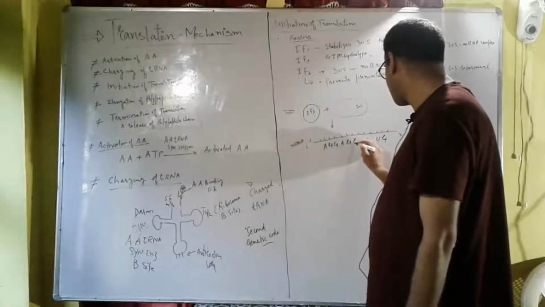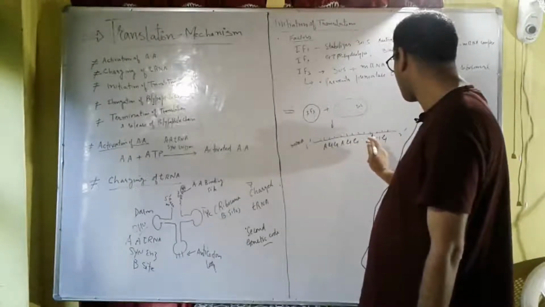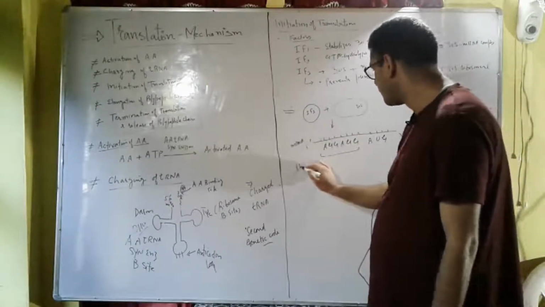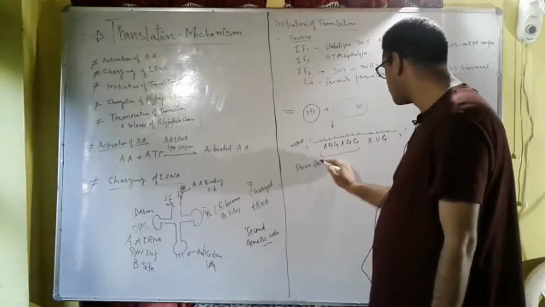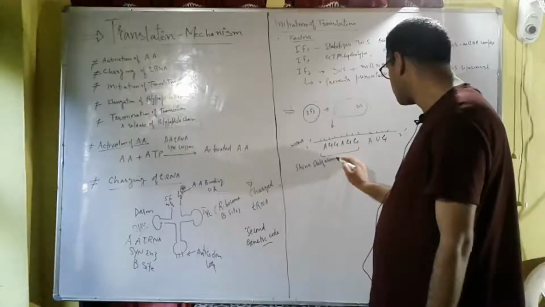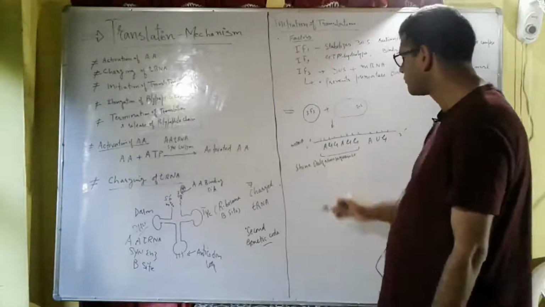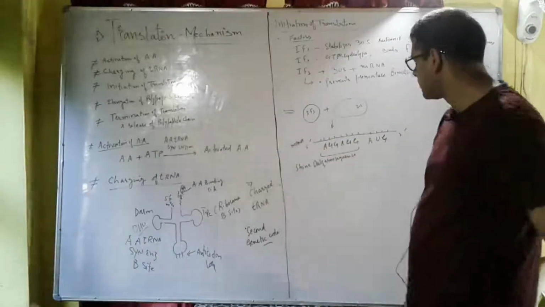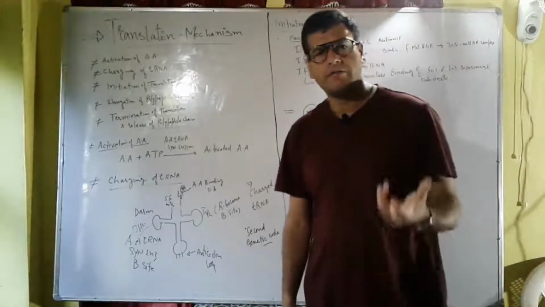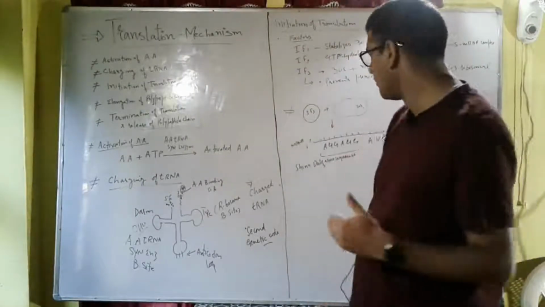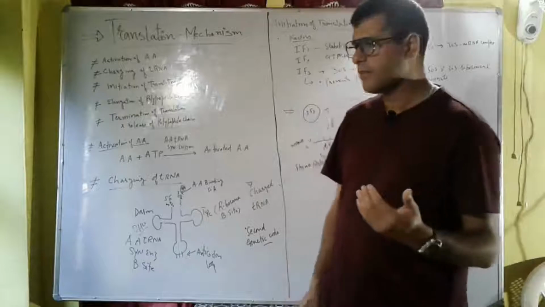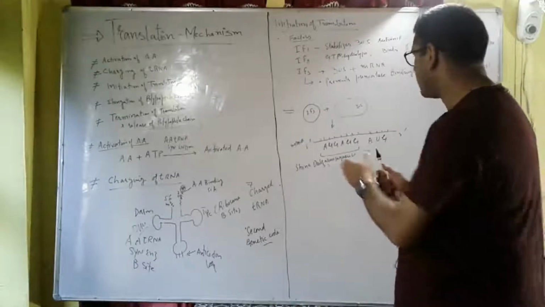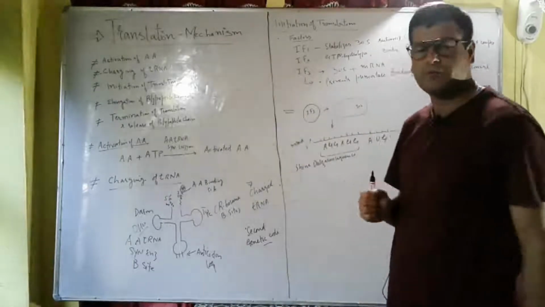This Shine-Dalgarno sequence was first described by two scientists, Shine and Dalgarno, and they said that it is this sequence of the messenger RNA which helps in binding of mRNA to the ribosome. So this sequence is responsible for the binding of messenger RNA to the small subunit of ribosome.